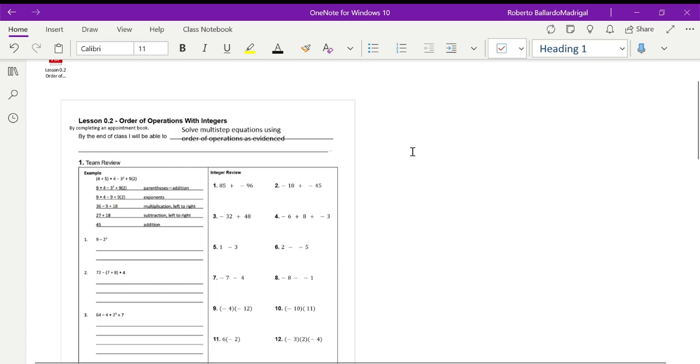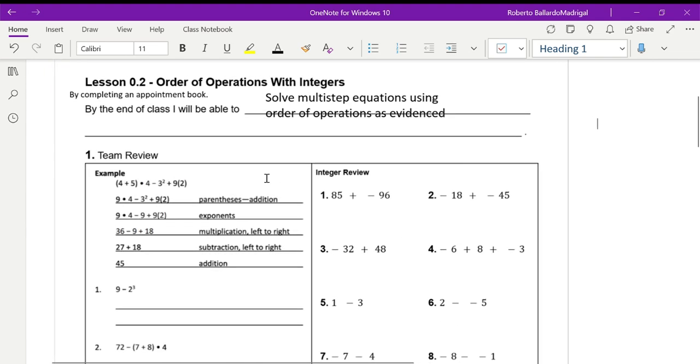There it is. Once again, we're going to be able to solve multi-step equations using order of operations as evidenced by completing an appointment book.